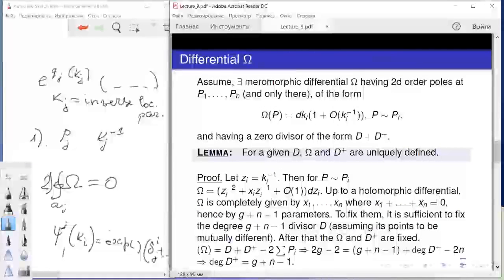For this reason, we must make one more assumption, that there exists a meromorphic differential omega having second order poles at the points P1 and so on Pn, and only there.